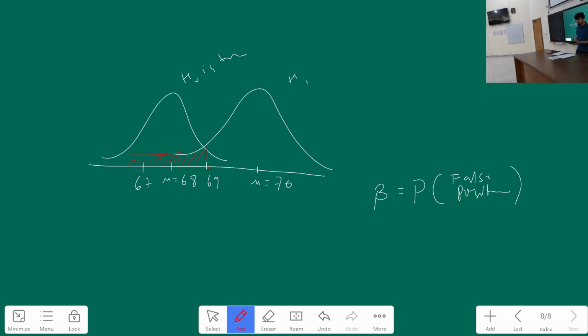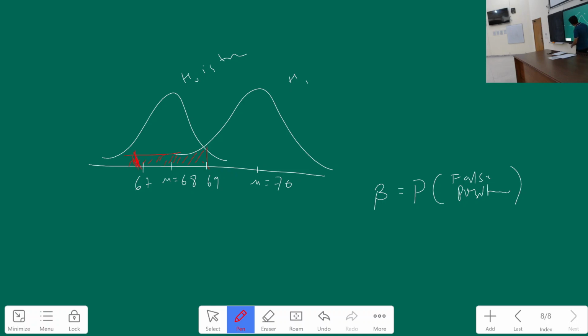क्योंकि क्या हुआ है? Basically, you said I will favor this hypothesis if you are in this region. Problem is that even when H1 is correct, with this much probability, जो भी area है ये वाला, आपकी region of acceptance में आएगा.